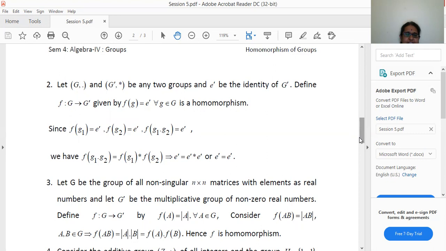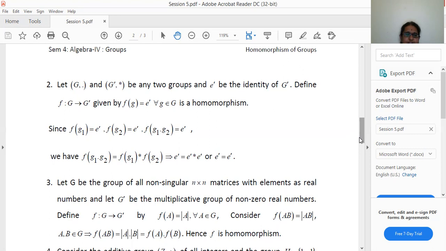So now consider two elements A, B belonging to G. Elements means they are nothing but the matrices. So f(A) is |A|, f(B) is |B|. Then f(AB) will be |AB|. So consider f(AB), that is equal to |A| into |B|, that is equal to f(A) dot f(B).